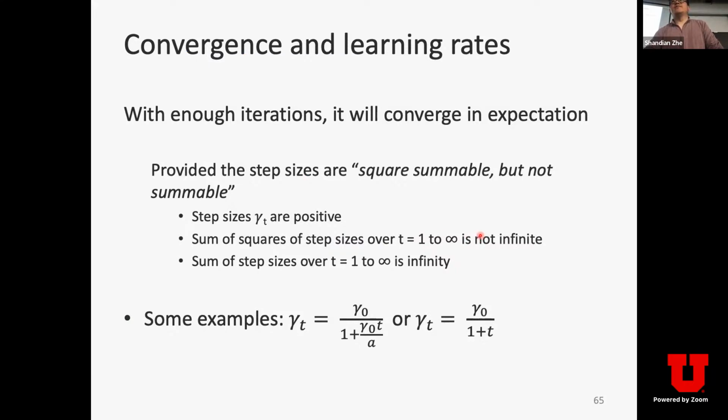It should not diverge. This is called square summable. And the third point is that if you sum over all the step sizes from 1 to infinity, it must diverge. It shouldn't be bounded.